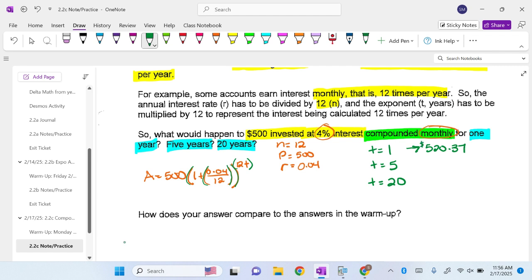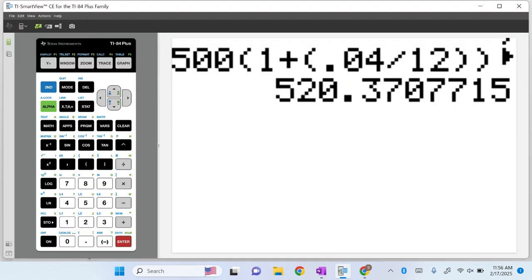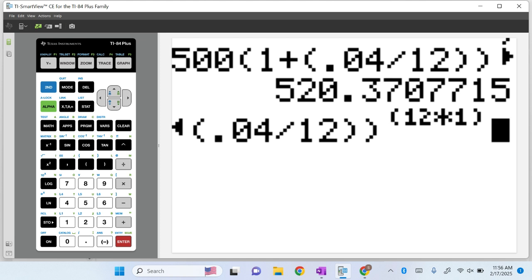Now, let me show you a trick so that you don't have to constantly keep typing stuff in. I don't want to retype all of that in. It takes a minute. If you're using the same entry but changing one number, hit second, the blue second key, and then enter, and it re-inputs the entire entry. Then you can use your arrow keys and change this 1, because that's the only number, to 5.